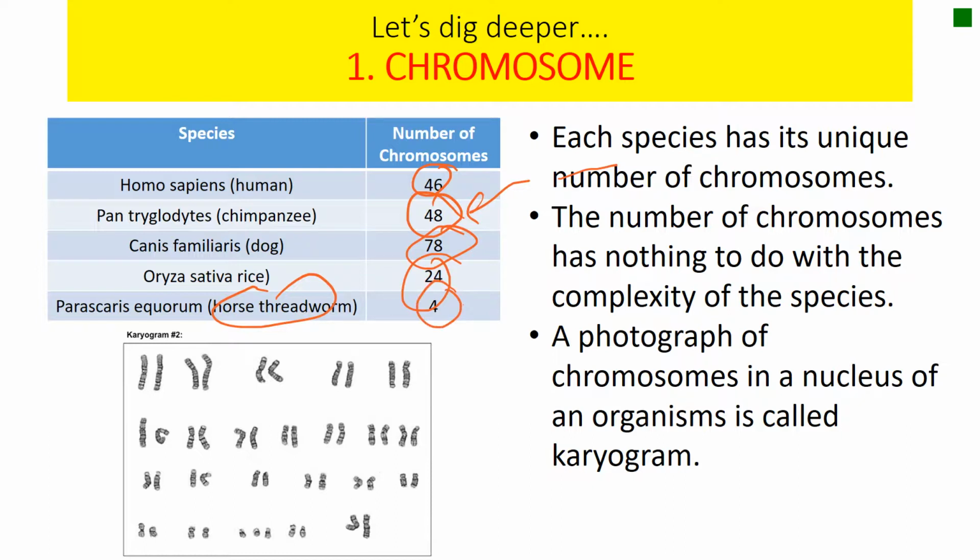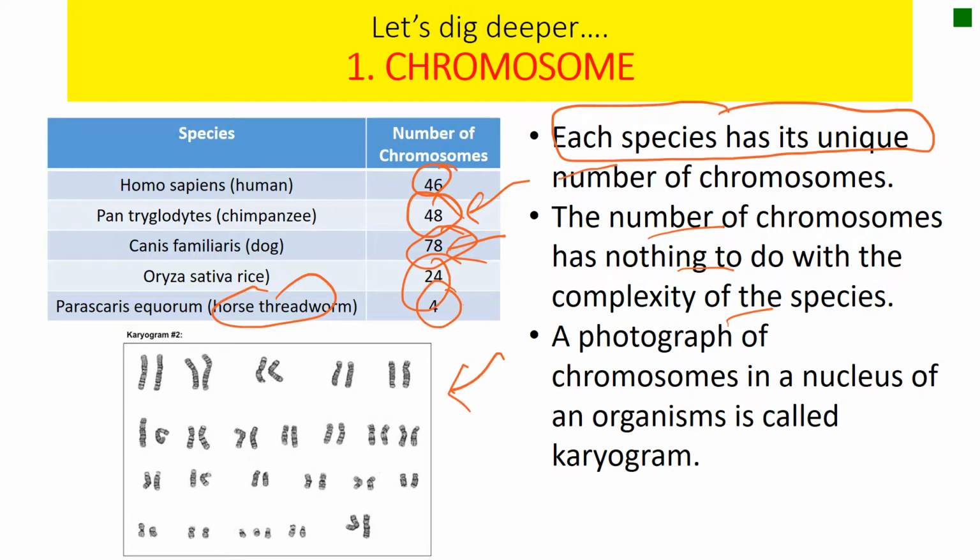So what can you conclude from here? That the number of chromosomes has nothing to do with the complexity of the species. Simply, each species has a unique number of chromosomes. So if a cell has 46 chromosomes, you can be sure it is a cell of a human. Or in a crime scene, if you get a cell and the cell has 78 chromosomes, it means that it belongs to a dog.